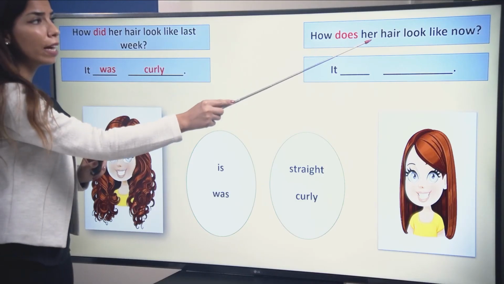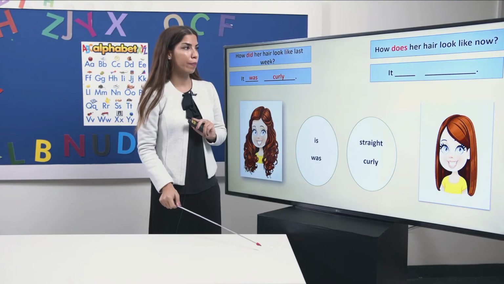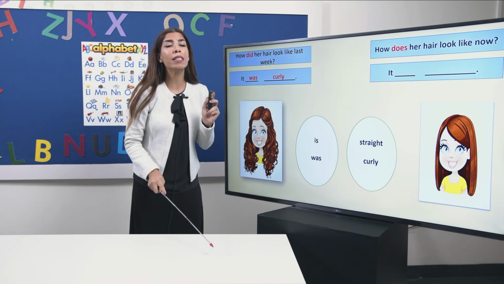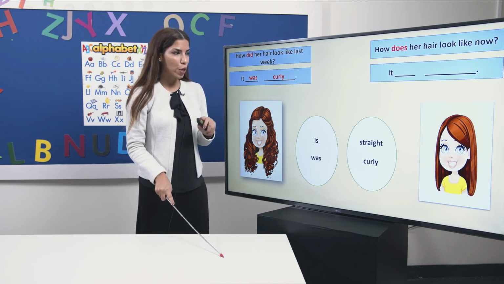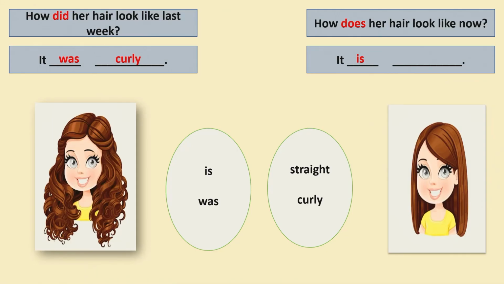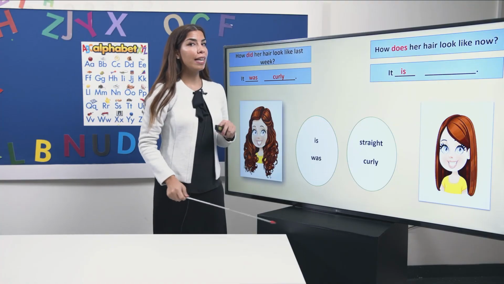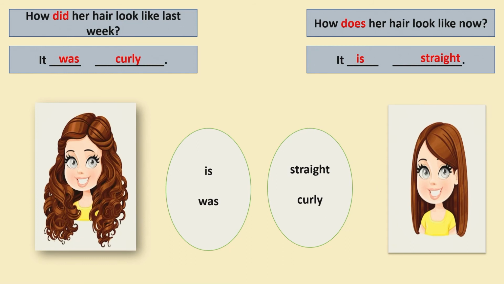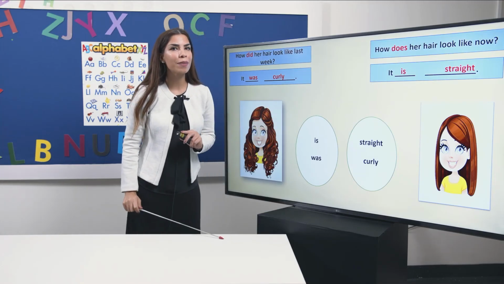How does her hair look like now? It is or was? What do we use in the present? Of course, it is straight or curly. Straight, that's it. How does her hair look like now? It is straight. Great job.